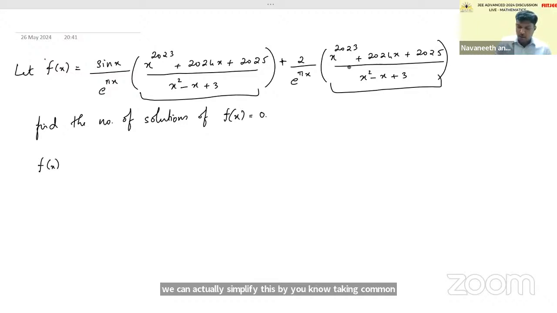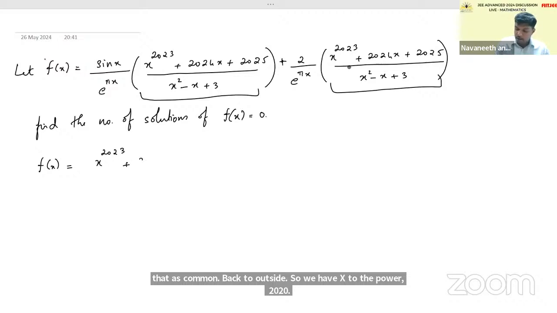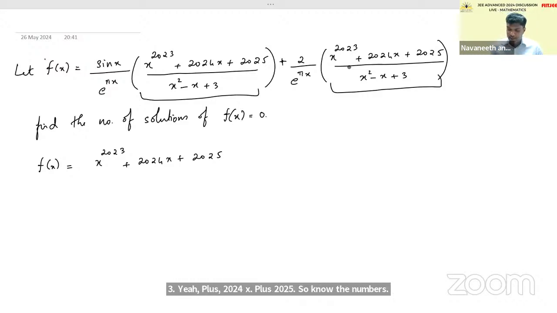So the solution goes like this. First we'll take that as a common factor outside. So we have x to the power 2023 plus 2024x plus 2025. Note the numbers: 2024 this year, 2023 last year, and 2025. You have all three numbers here.